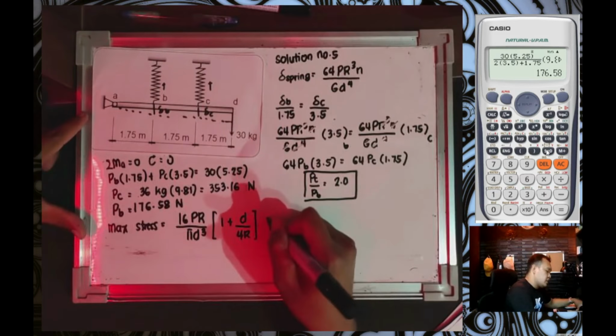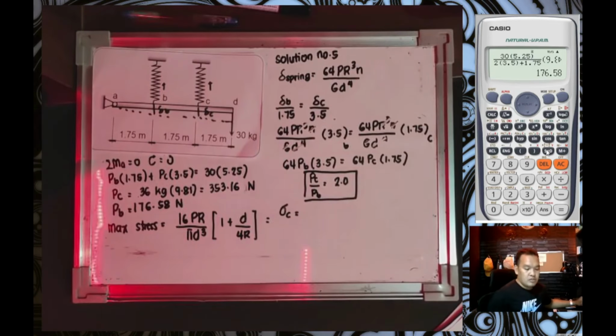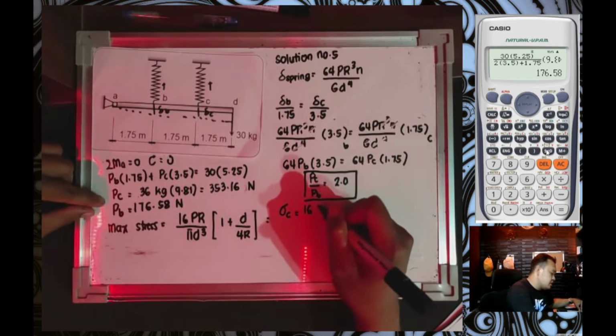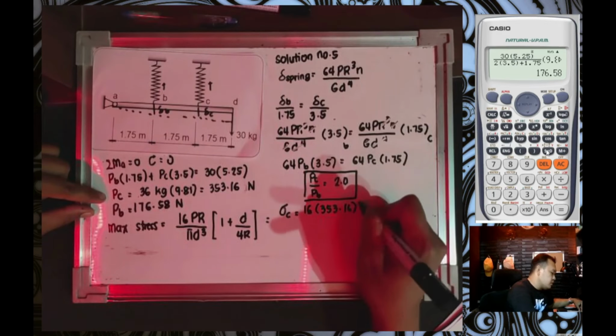So, let's discuss the stress at C. Stress at C is equivalent to 16 times the force at C, 353.16, multiplied by the radius.